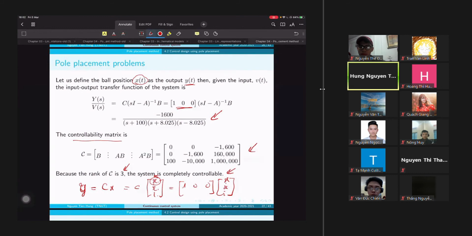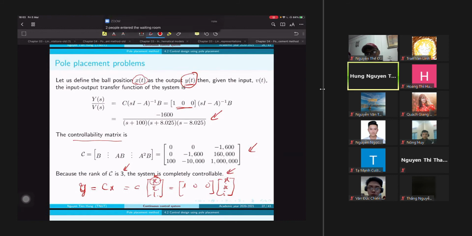In this case, you see the output is only x, meaning we are missing two of them: the velocity and the currents. If we would like to design a state feedback controller, then we have to measure all. But if we cannot measure all, you have to design an observer.